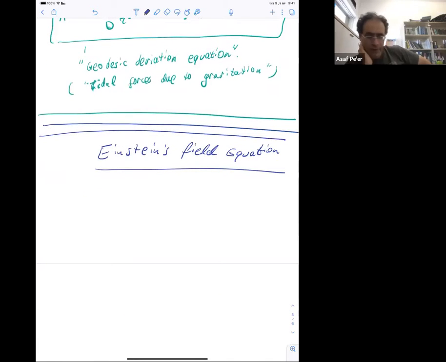The simplest way is that we start with the Newtonian. How do we describe gravity in Newtonian mechanics?